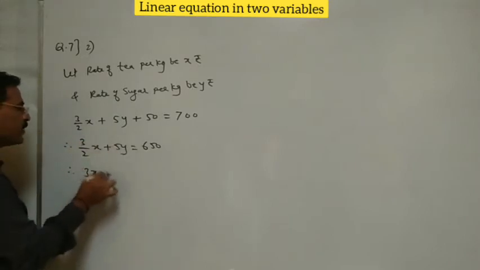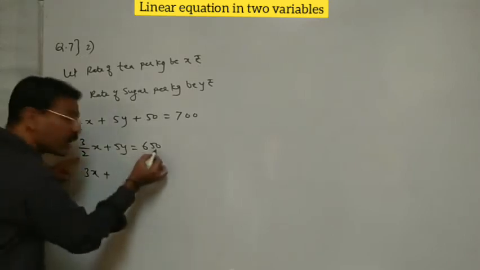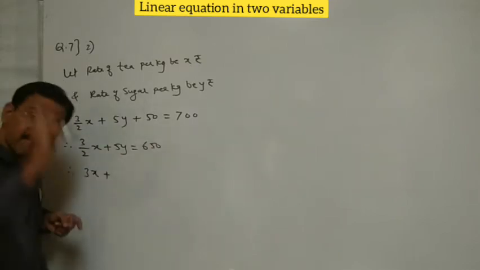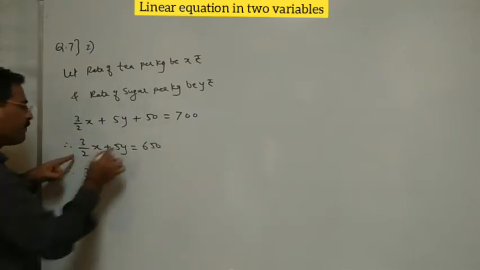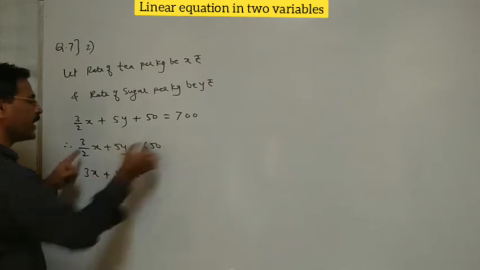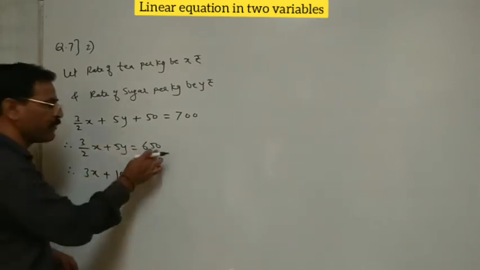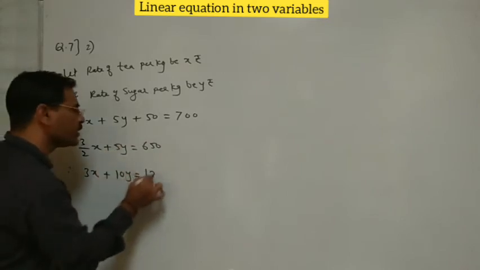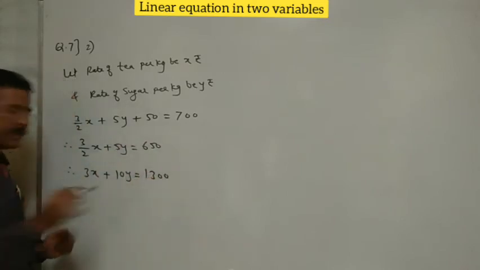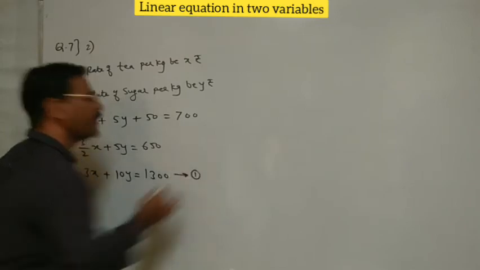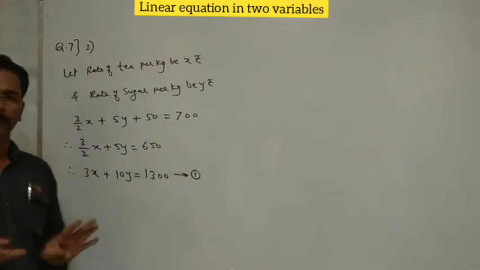What will we get here? 3x. Don't take this 2 directly; multiply every term. 5 twos are 10y. And here double of 650 is 1300. Like this. This is our need form of equation number 1.